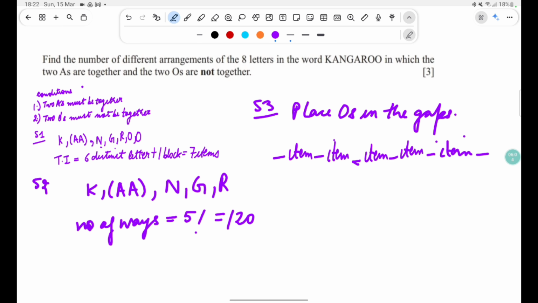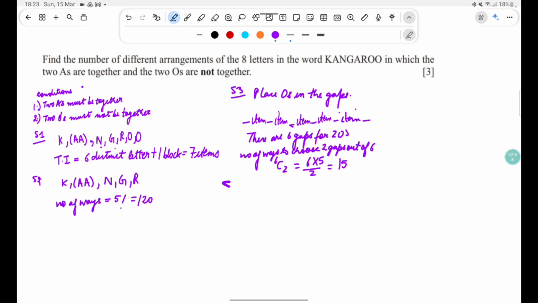So there are in total 6 possible gaps for two O's. Now, the number of ways to choose 2 gaps out of 6 will be 6C2, which is 6 into 5 by 2, which is 15.